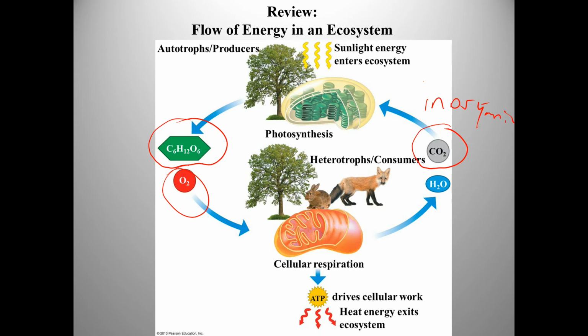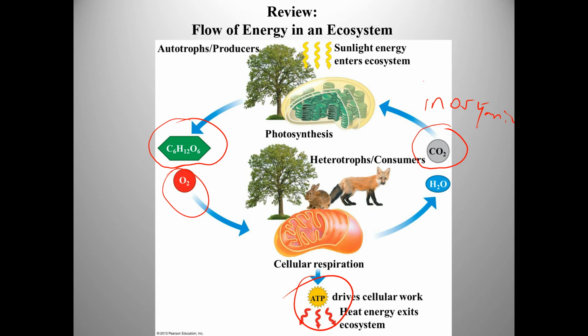The cells of the plant will then use that sugar and oxygen in a process of cellular respiration. The byproducts of cellular respiration are CO2 and water, along with ATP.